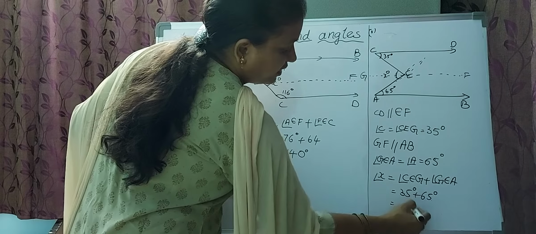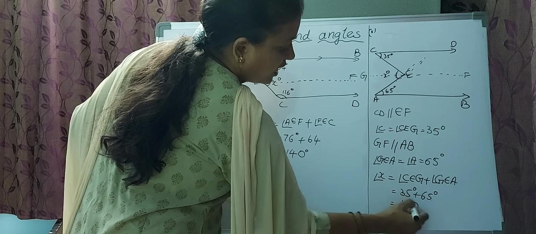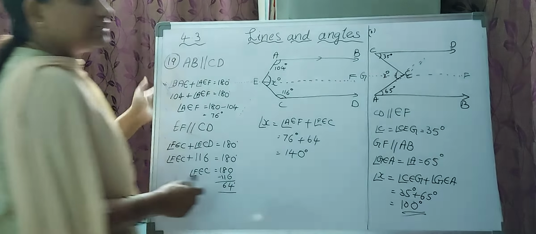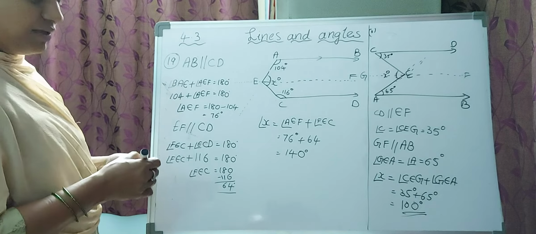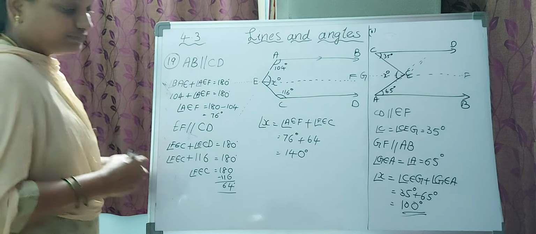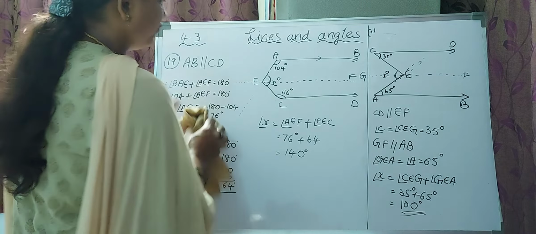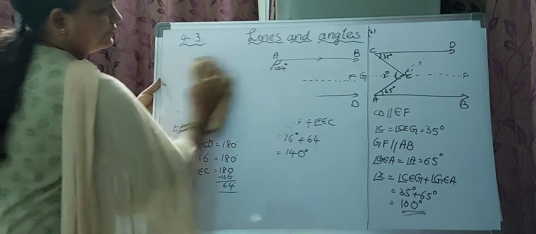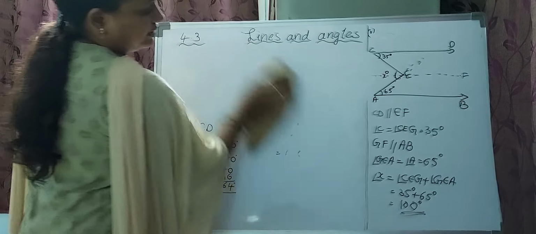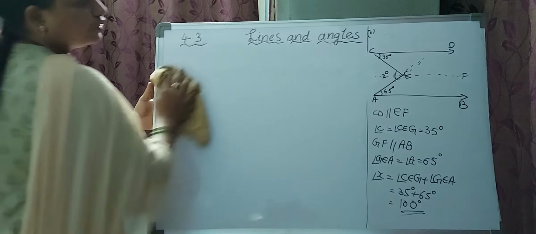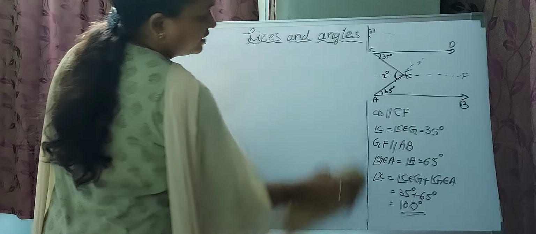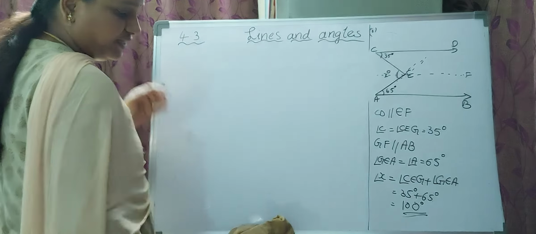So 5 plus 5 is 10, 6 plus 3 is 9, plus 1 is 10. That is 100 degrees. Angle X is nothing but 100 degrees. Okay. Next, the last one in this exercise. If you draw the parallel line, then you can solve that problem very easily.